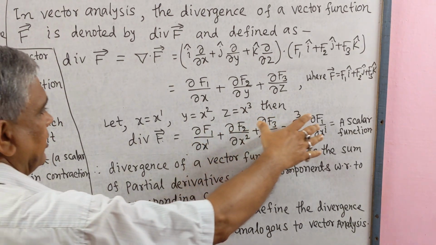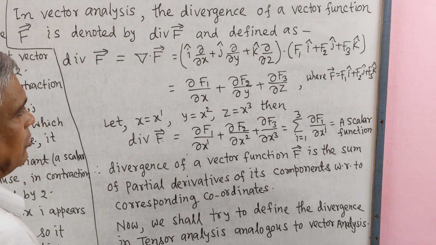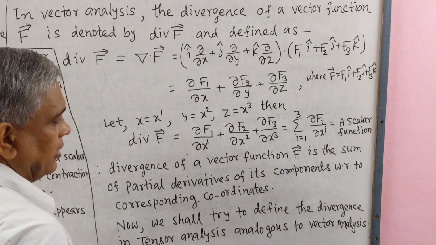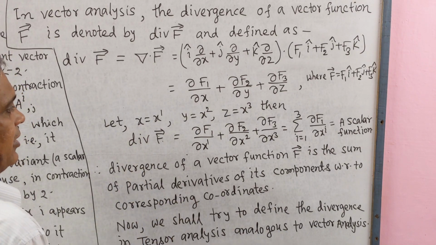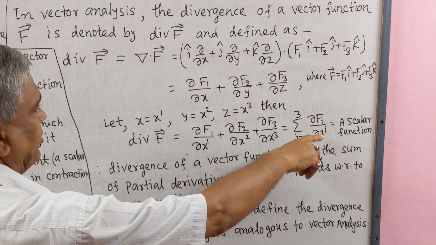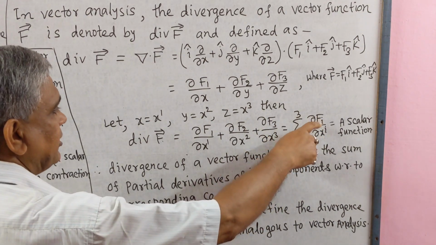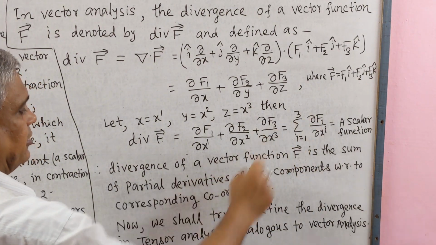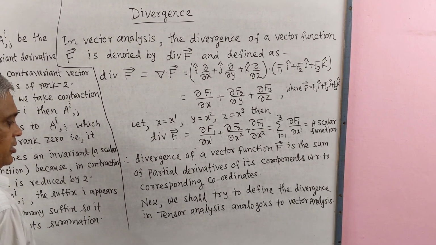Here we see that this is a scalar function, with no unit vectors. So the divergence of a vector function f is the sum of partial derivatives of its components with respect to the corresponding coordinates, which is a scalar function.